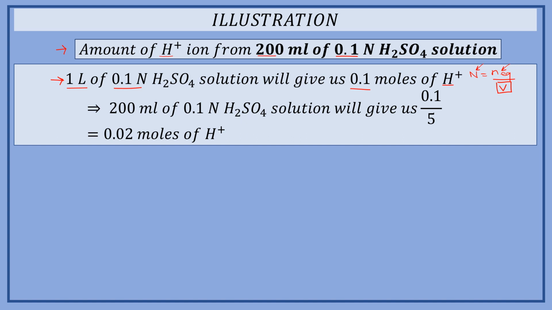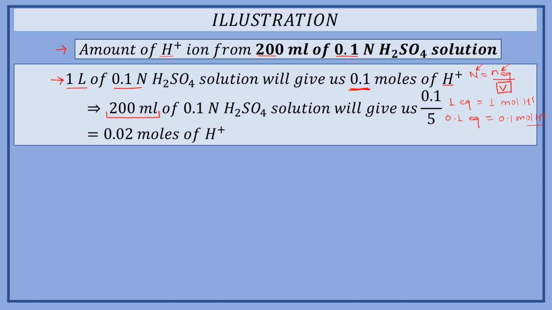Now, as per the definition of equivalent, one equivalent of an acid corresponds to the mass of acid which will furnish 1 mole of H plus ion. Since in this solution we have 0.1 equivalent of acid, it will give us 0.1 mole of H plus ion. Now we have to calculate the H plus ion found in 200 milliliter of the solution.